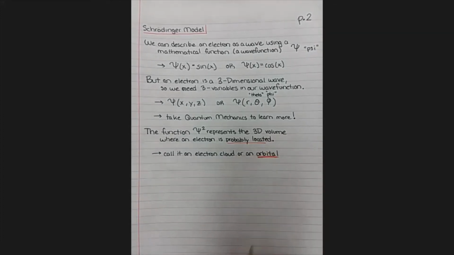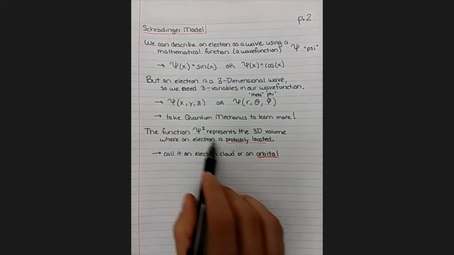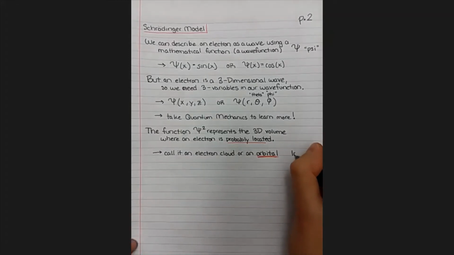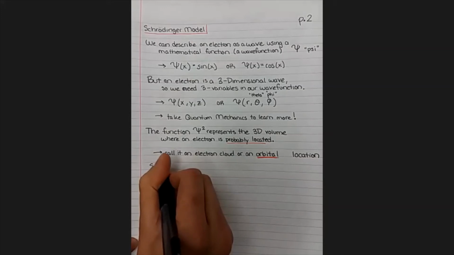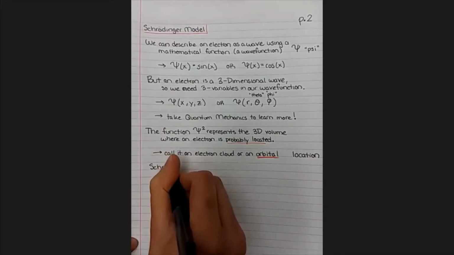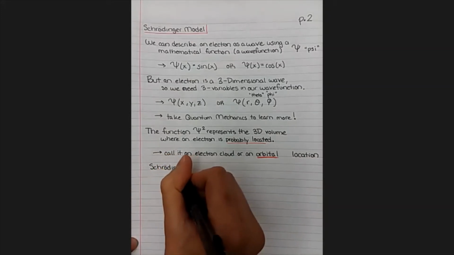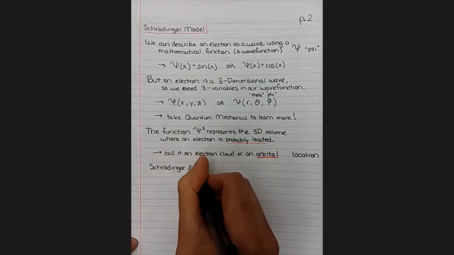So that's usually how we're going to refer to it from this point on. So quantum mechanics can give us the location of an electron, the orbital, and Schrodinger gave us an equation to help determine the energy of a particular electron.